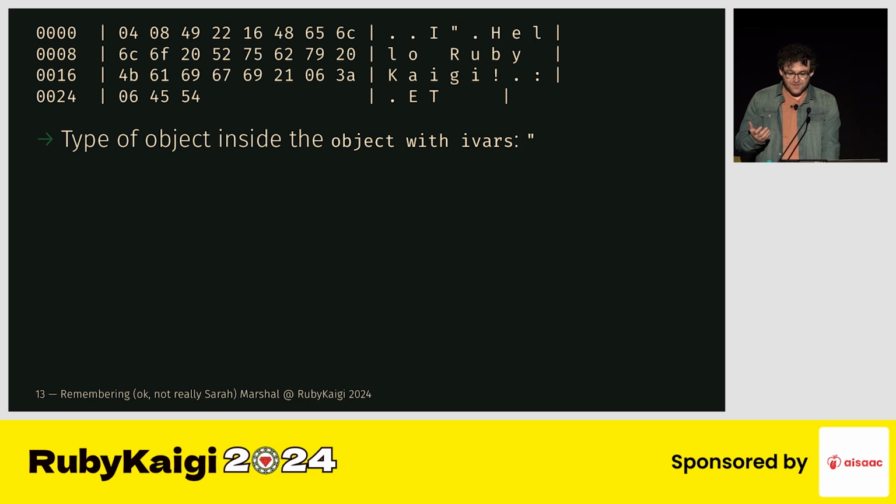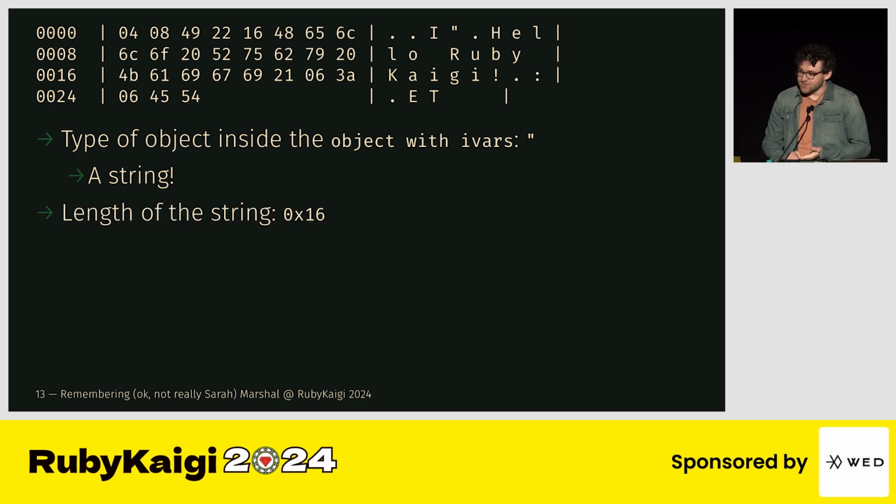So inside of the object with ivars, we have the type of the object that has the ivars, and it is quote. Sorry, it is double quote. Now, okay, you could probably guess that that means it's a string. Okay, so we're through 4 bytes now.